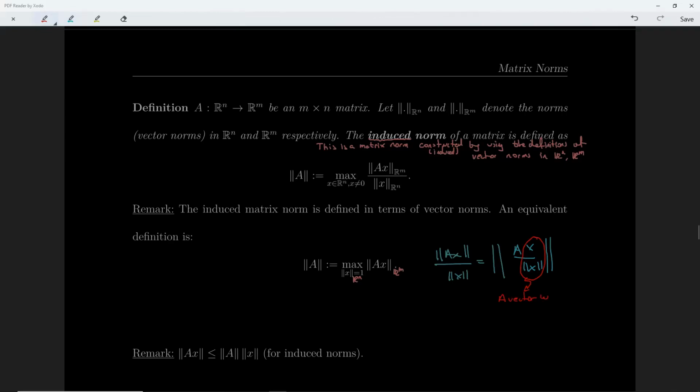Therefore, instead of maximizing the norm of Ax divided by the norm of x over all x, I can maximize the norm of the multiplication of A and x where the norm of x is equal to 1. So among all unit norm vectors, I'm looking for the maximum norm of Ax.